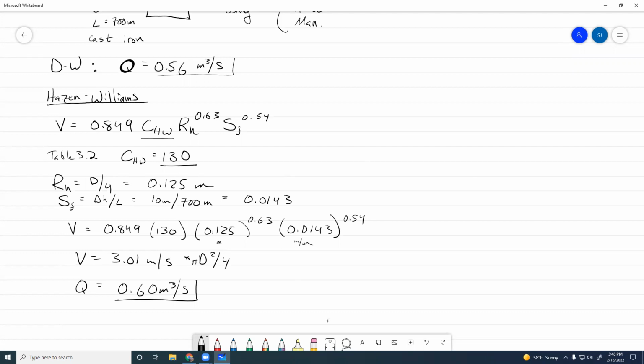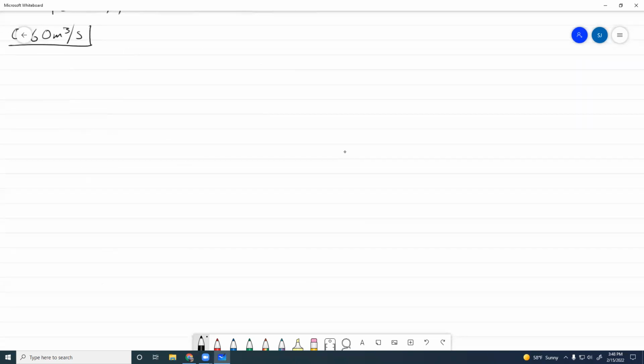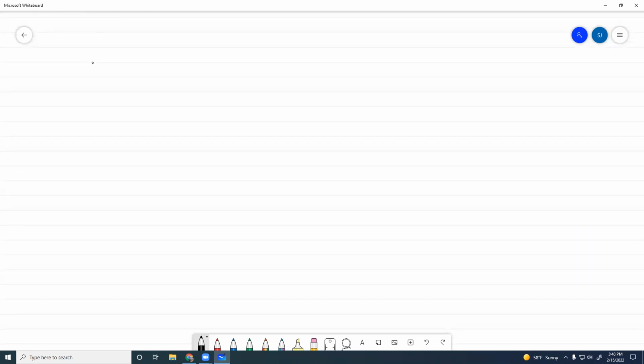All right, let's do it with Manning's real quick. Let's go look at our table. So I'll just write the equation out. V is equal to 1 over n, hydraulic radius to 2/3, friction slope to the 1/2.